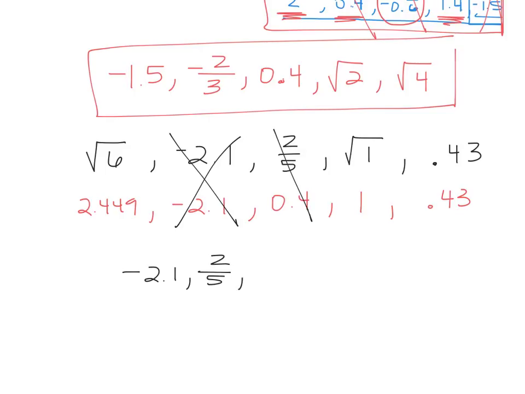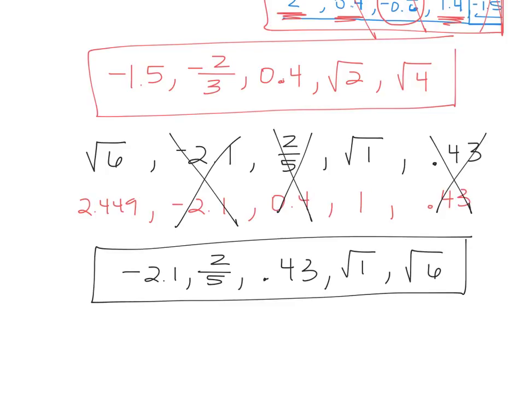So this one's gone. What's the next smallest? 0.43, which is written as 0.43. So we're good there. Okay, what's next? Which is the square root of 1. And then the last one, square root of 6. So this would be your answer. Okay, putting them in order.